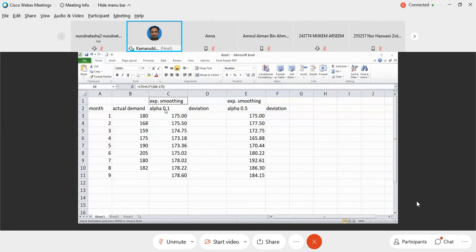The first step is to identify the forecast for month 1, or January. Confusing, right? So better I change this. This will be February, March, April, May, June.